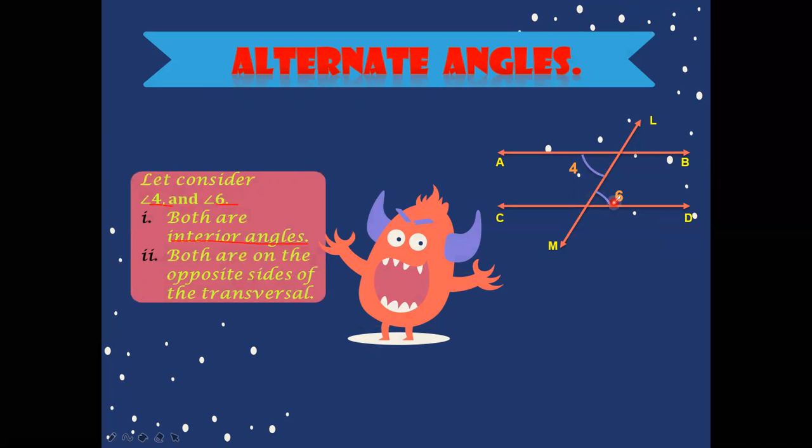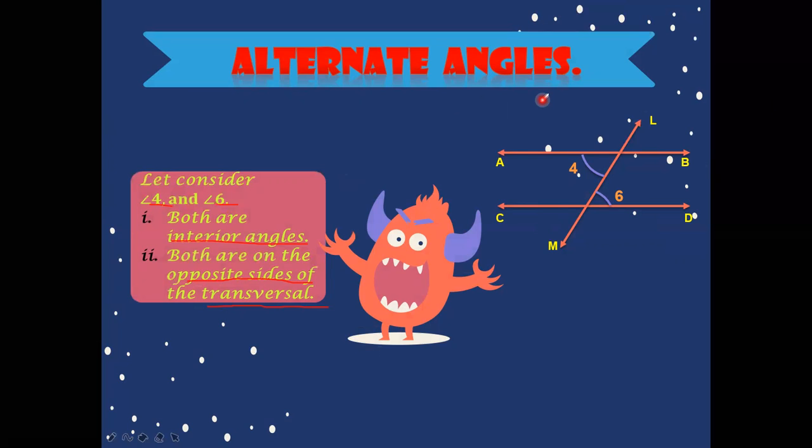So 4 and 6 are interior angles and both are on opposite sides of the transversal. As you can see, this is your transversal and these two angles lie opposite to each other, meaning one is here, and another one is here. Such kinds of angles are called alternate angles.